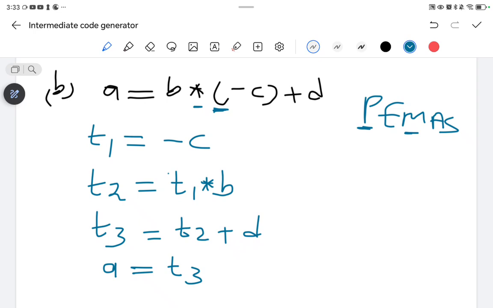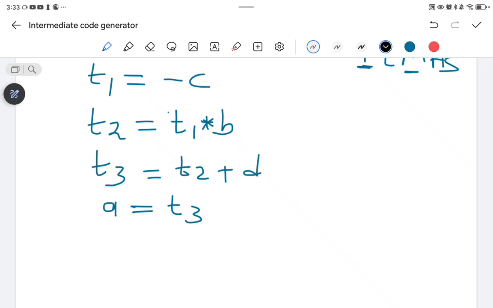Now sometimes, guys, they can give you a code. They say write the following code in three address code.